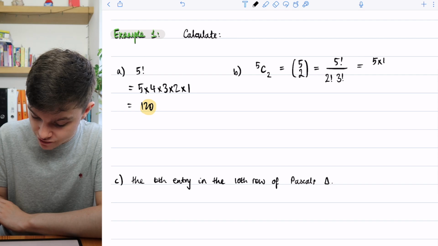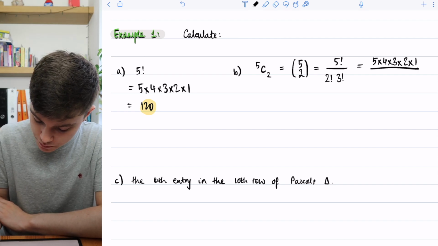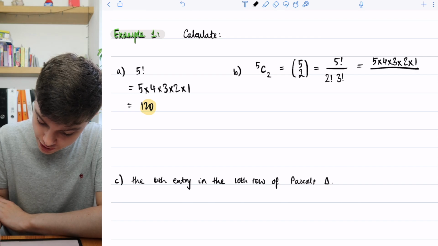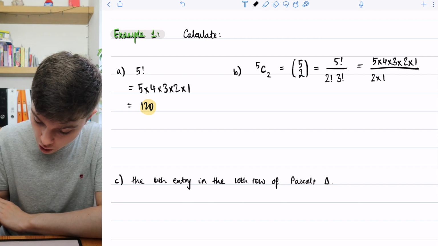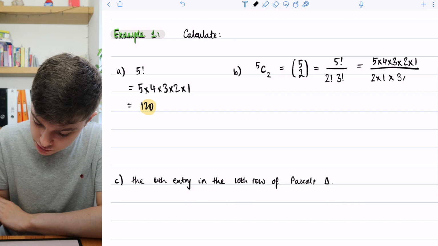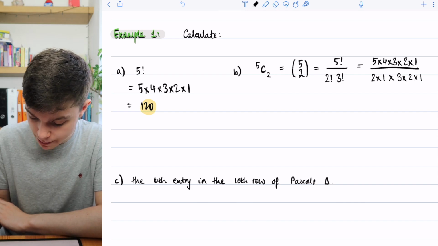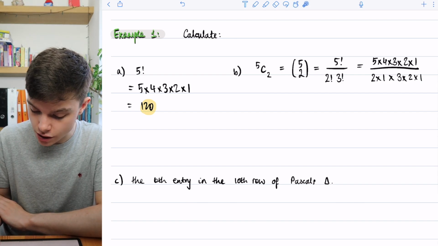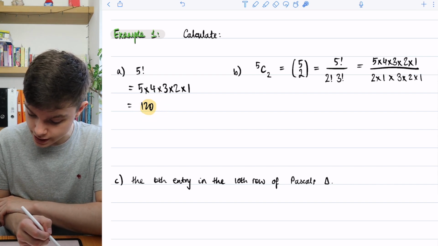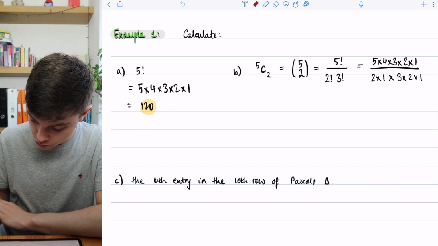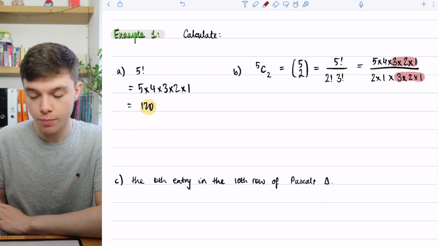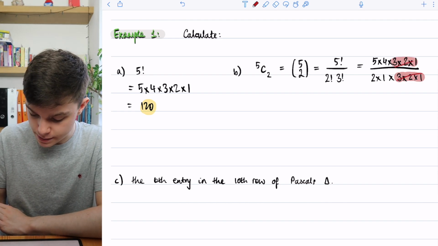So work it out: 5 times 4 times 3 times 2 times 1, divided by 2 factorial, which is 2 times 1, times 3 factorial, which is 3 times 2 times 1. Now you could simplify the top to 120, but notice that we can cancel the 3, the 2 and the 1 on top and bottom. They just disappear.